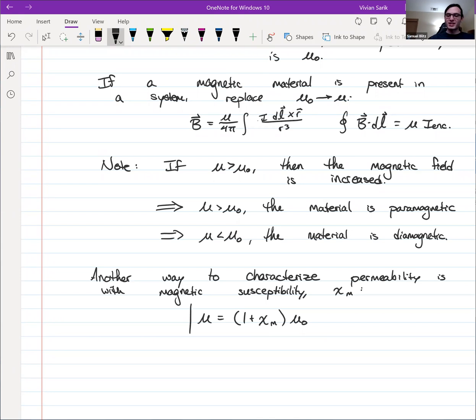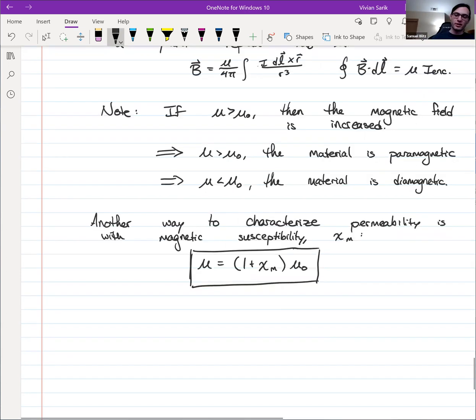So this just says that if you have a positive magnetic susceptibility, then you have a paramagnetic material. And if you have a negative magnetic susceptibility, then you have a diamagnetic material. It's a number between -1 and infinity, effectively. You can decrease the permeability to close to 0, but you can't get to 0, or you can increase it to however big you want.